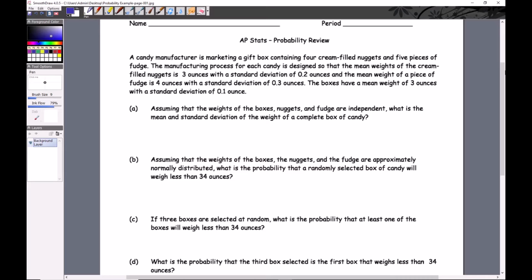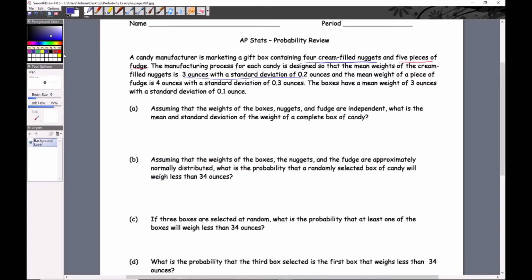So here we go. A candy manufacturer is marketing a gift box containing 4 cream-filled nuggets and 5 pieces of fudge. So kind of keep these separate. The manufacturing process for each candy is designed so that the mean weight of the cream-filled nuggets is 3 ounces, with a standard deviation of 0.2 ounces.